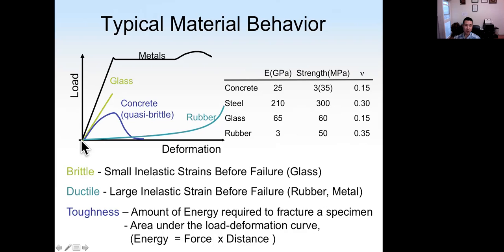For example, the toughness for the metal will be the area underneath the curve. So we can see the metal has very high toughness compared with concrete, because for concrete, the area underneath the concrete curve is much smaller. So we can see from here.